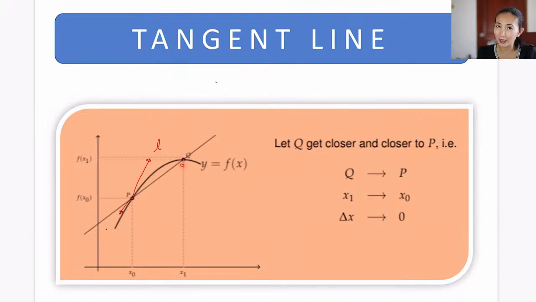Remember a while ago that the secant line contains the points P and Q. Now, we try to draw the secant line so that point Q here gets closer and closer and closer to point P, so that the distance between the two will be very, very close to 0. Yan, delta x. Delta x is this distance, remember? Okay? Delta x.